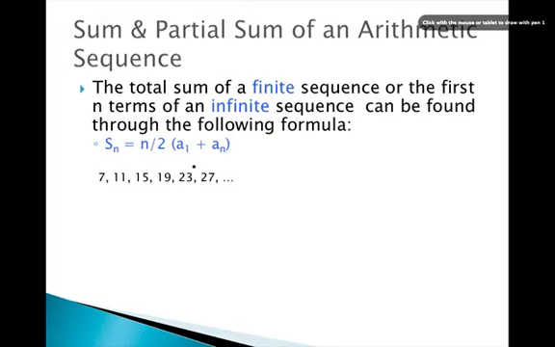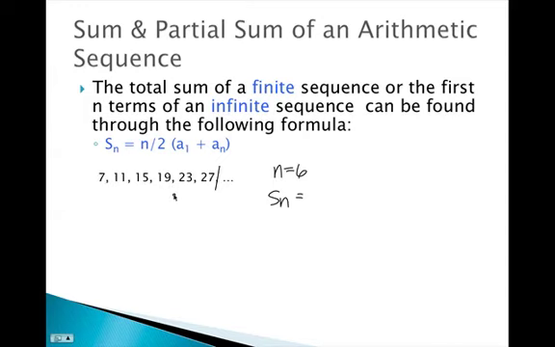So, for example, let's take our sequence again. If this were a finite sequence, in the case that it ended right here, and this was the last term, we see that we have 1, 2, 3, 4, 5, 6 terms, so n equals 6. If we wanted to find the sum of this sequence, we could simply add all these together.